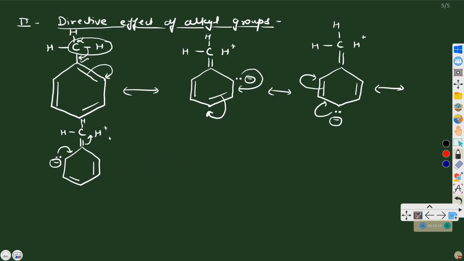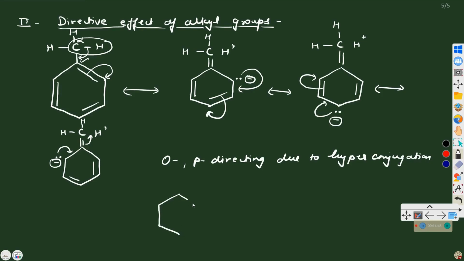So toluene is ortho-para directing due to hyperconjugation. If you take ethyl benzene, that will have only 2 alpha hydrogens.